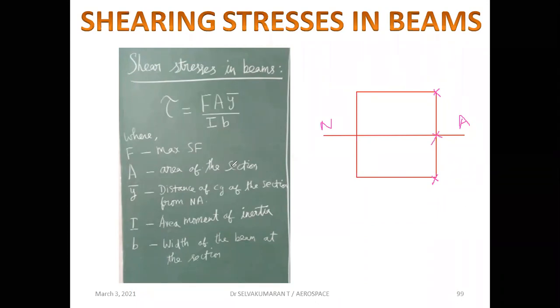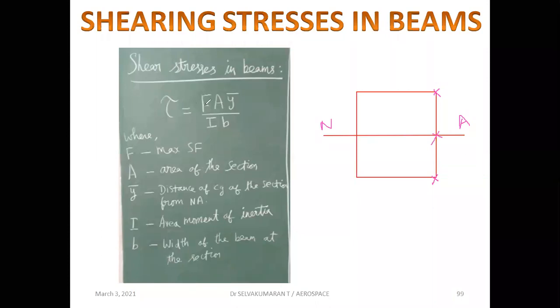For an eccentric point load, meaning a point load acting at different distances from either support, let us say distance A from the left hand support and distance B from the right hand support, if A is greater than B, then WA by L is the maximum shear force. So like that, we first have to determine the maximum shear force, which we need to plug into this formula.